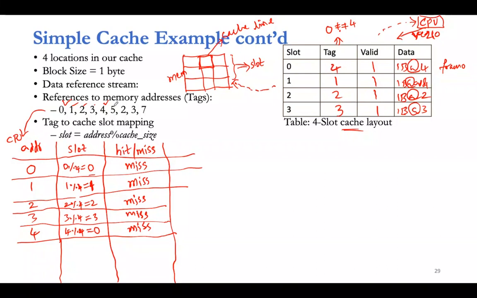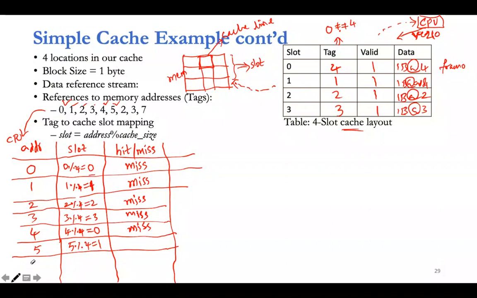Okay. Next, 5. When the CPU requests this address 5 cache line, it goes and checks the tag to cache slot mapping. 5 modulo 4 is equal to 1. In slot 1, the valid bit is 1, so the data is valid. In that case, once the valid bit is 1, the comparison takes place.